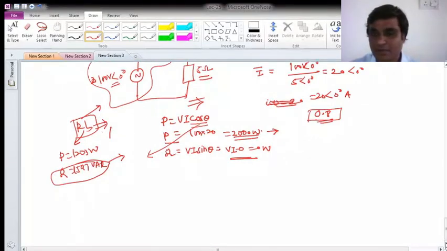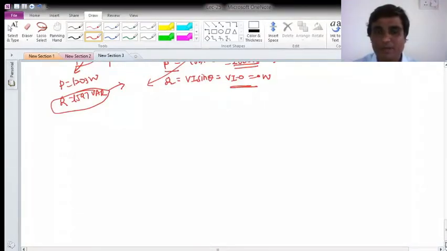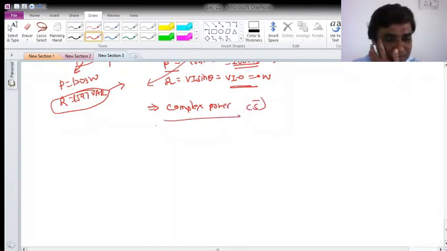Now that we are familiar with active power, reactive power and power factor, let us see what the complex power is. It is generally represented by S bar, which is the complex power or apparent power. There is one quantity, VI. This is the total power, and why is it called apparent power?